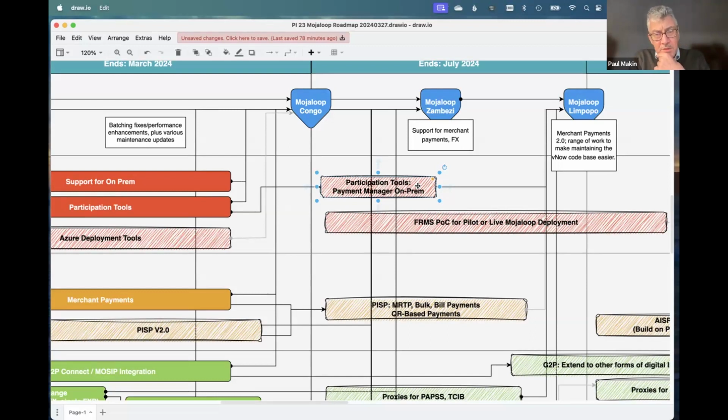And we also deal with some larger financial institutions that have their own on-premise capability, and they would like to be able to use Payment Manager in that context as well. So the Product Council came together and said, essentially, we think that's an important thing to do. So we're proposing to adopt that for the next PI.